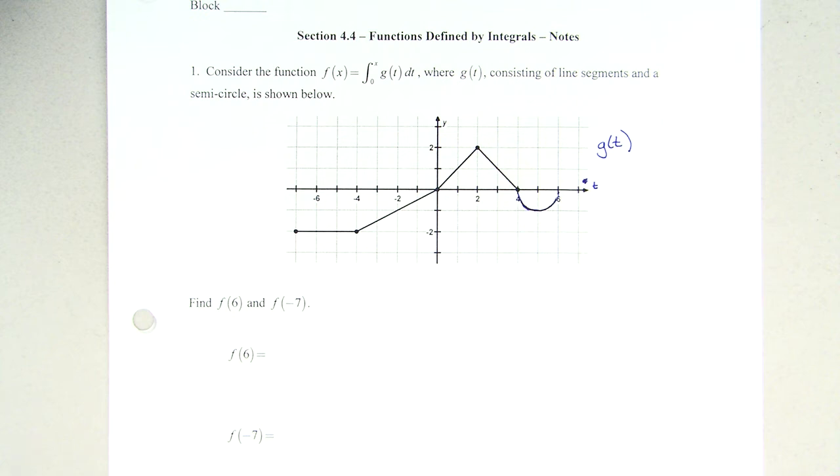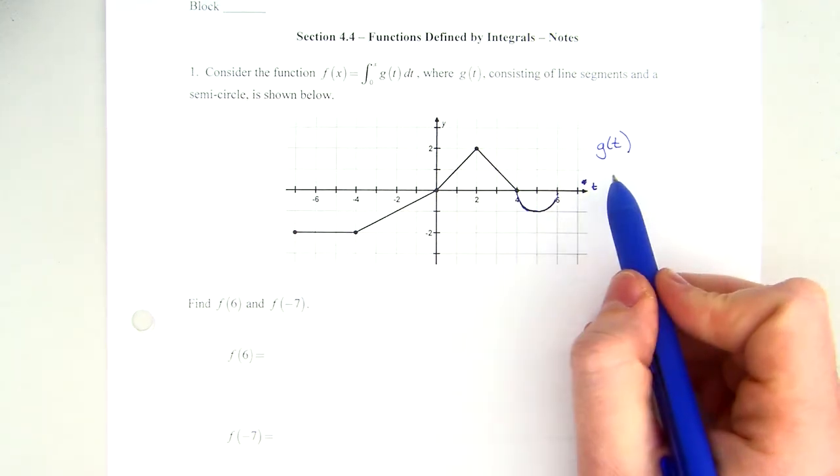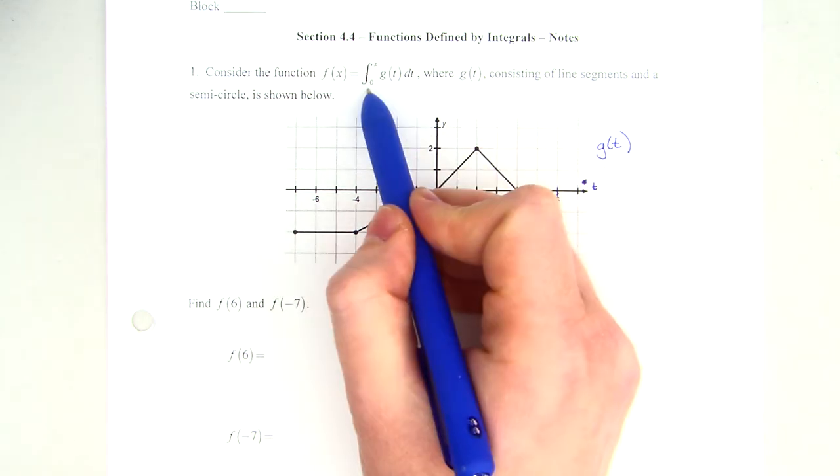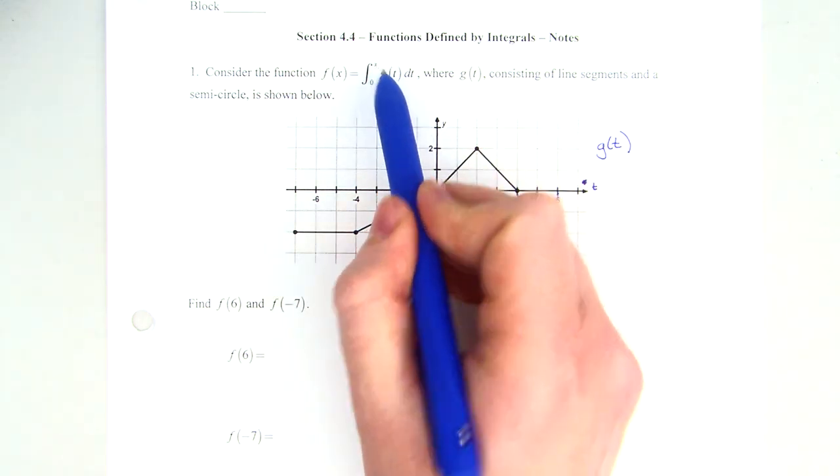Well, the deal is there are two different functions. There's the f function and there's the g function. g is the graph that I'm looking at, but f is defined as the integral from 0 to x of that thing.